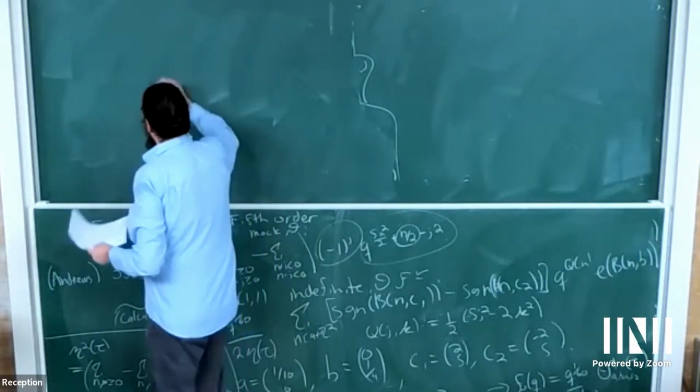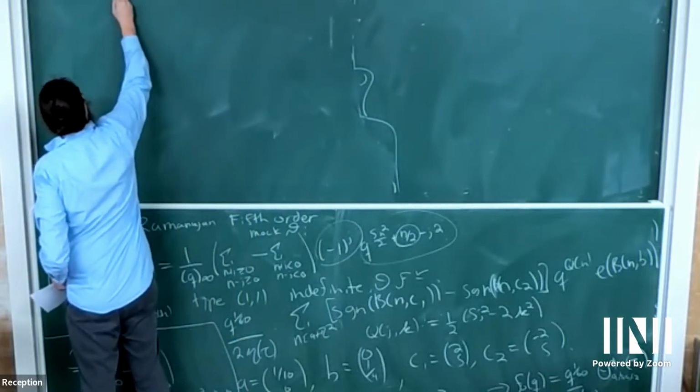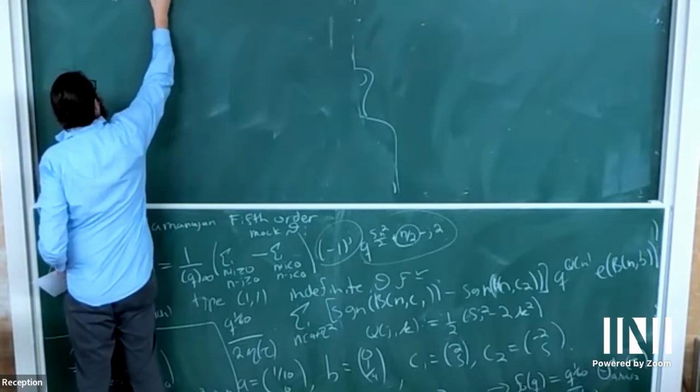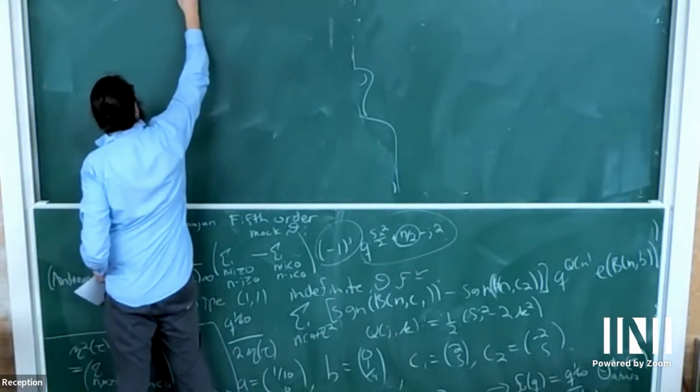So you get something that, we would say, the shadow is in weight r/2, and those unary theta functions are all weight 1/2.